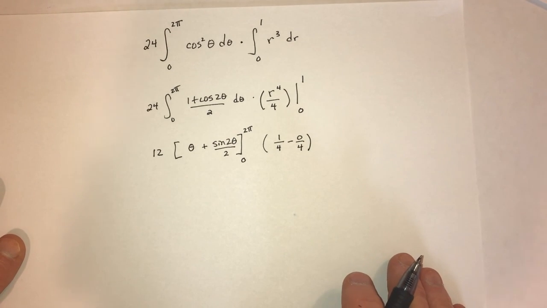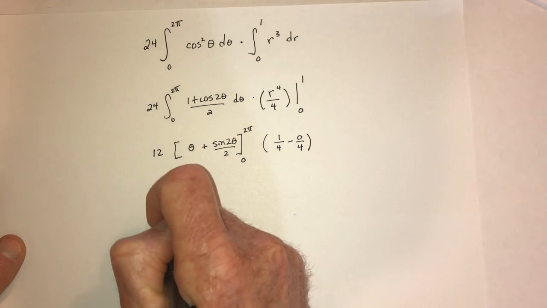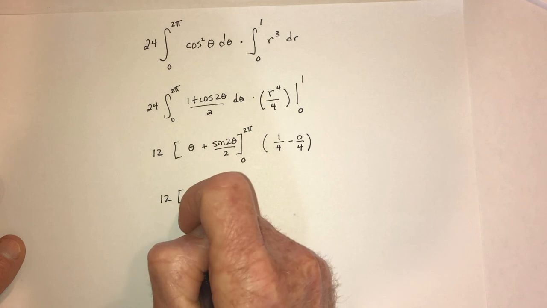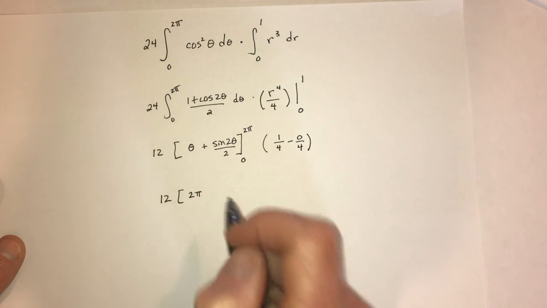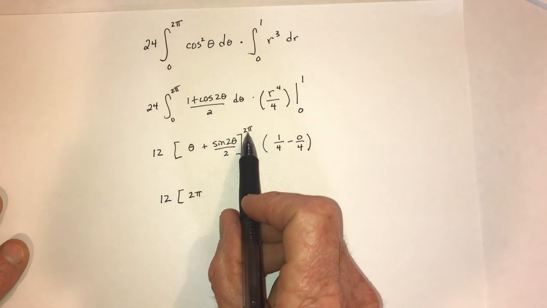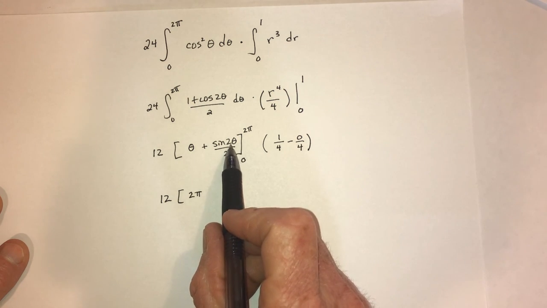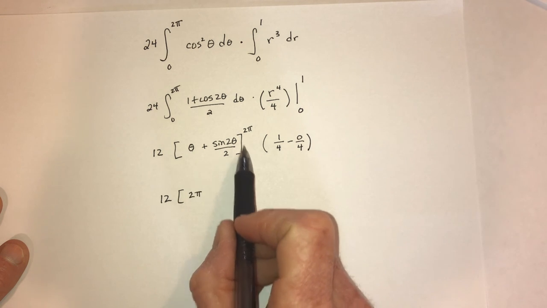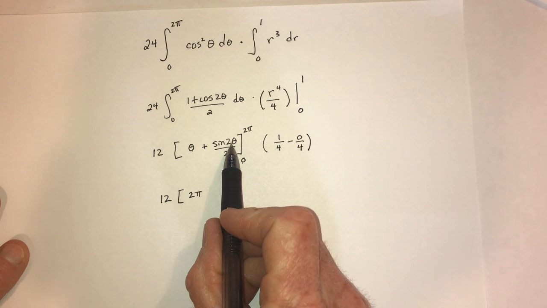And we're almost done. So there's a 12. When you substitute the 2 pi for theta, you get 2 pi. When you substitute this, sine of 4 pi is 0. When you substitute a 0, that's 0. And when you substitute a 0 right there, sine of 2 times 0 still equals 0.